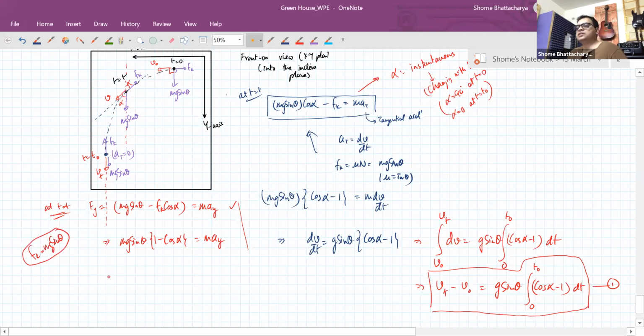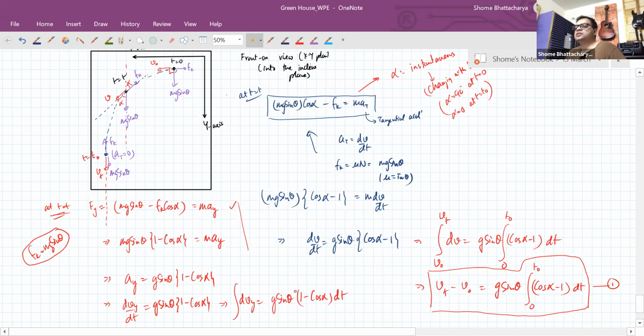So this time I'm getting acceleration's y component is g sine theta into 1 minus cos alpha. So acceleration's y component is what? Rate of change of y component of velocity. So this is telling me that y component of velocity is changing with time according to this equation.